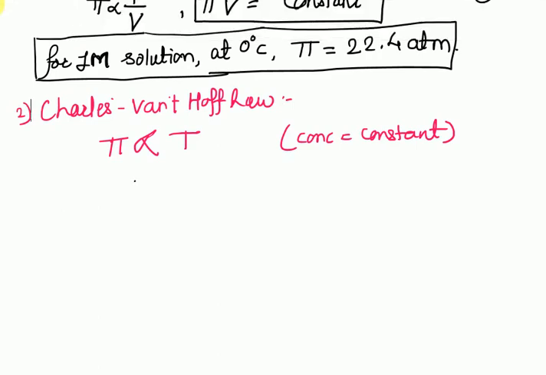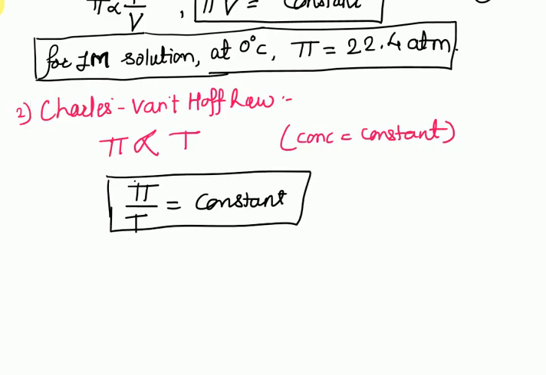Then we can write pi upon T is equal to constant, and this will be the equation of Charles-van't Hoff law.